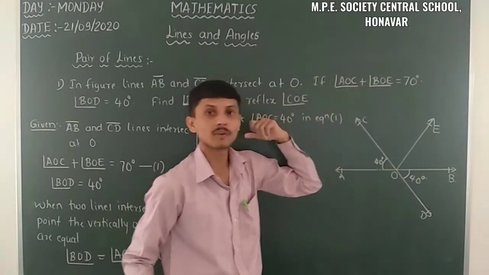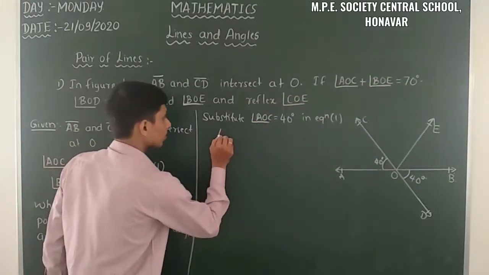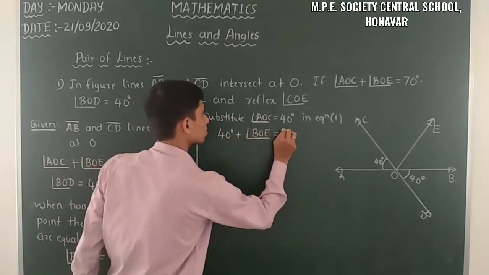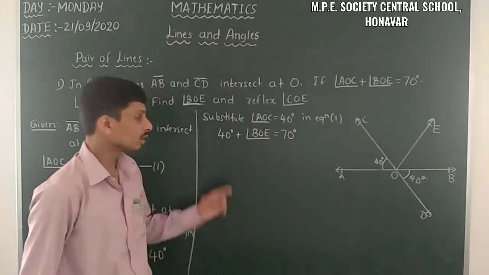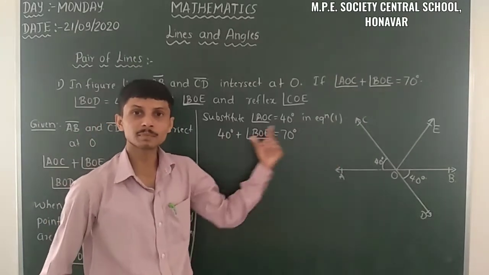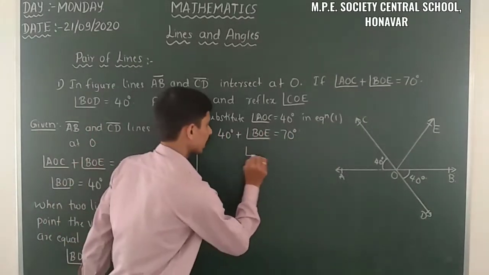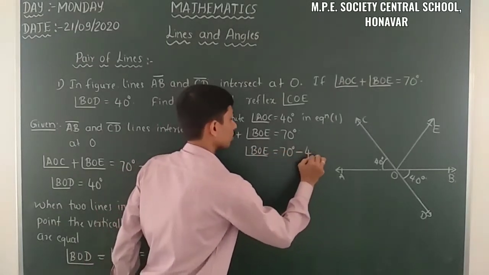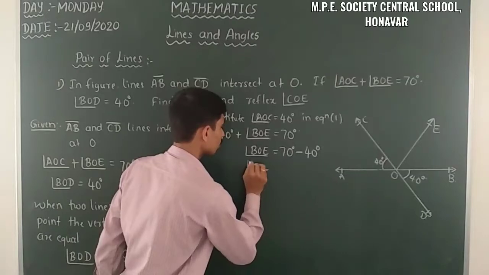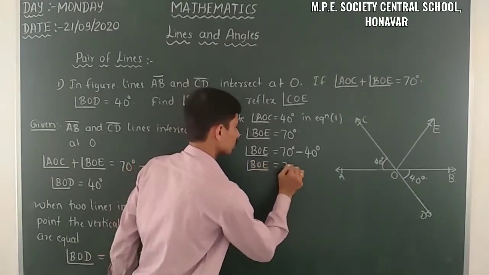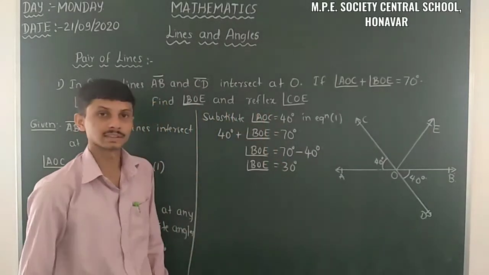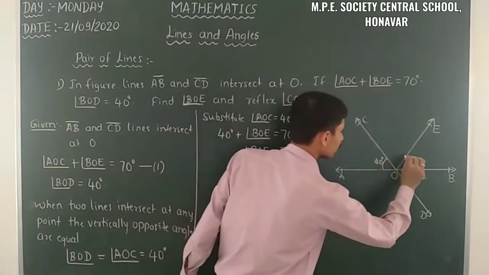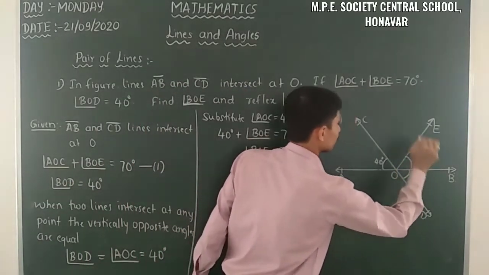Then 40 degrees plus angle BOE is equal to 70 degrees. Transpose this 40 degrees to the RHS side, it becomes minus 40. That is angle BOE is equal to 70 degrees minus 40 degrees. Angle BOE is equal to 30 degrees. Yes, so we got angle BOE. What is the angle BOE here? It is 30 degrees.